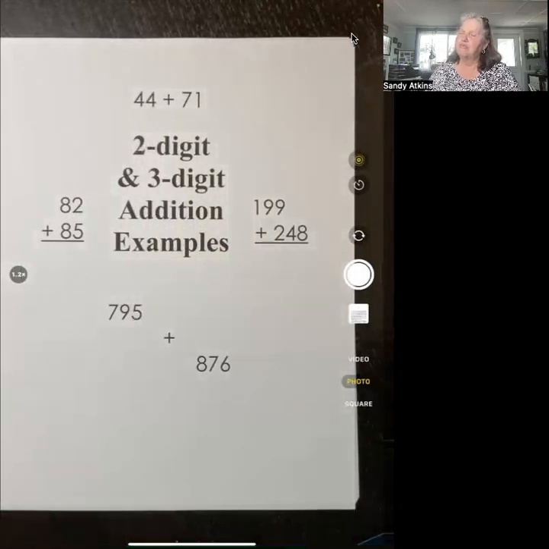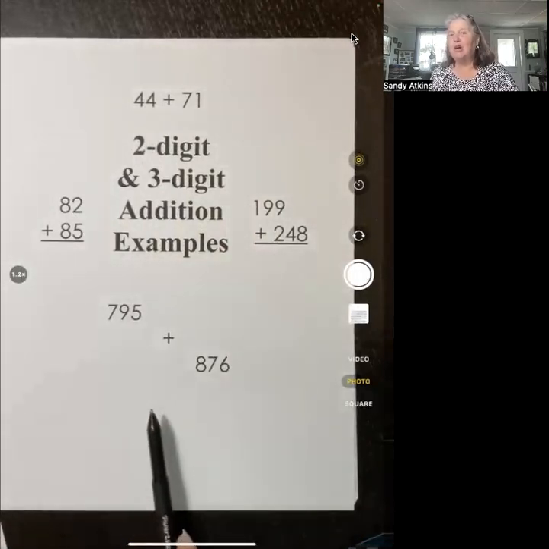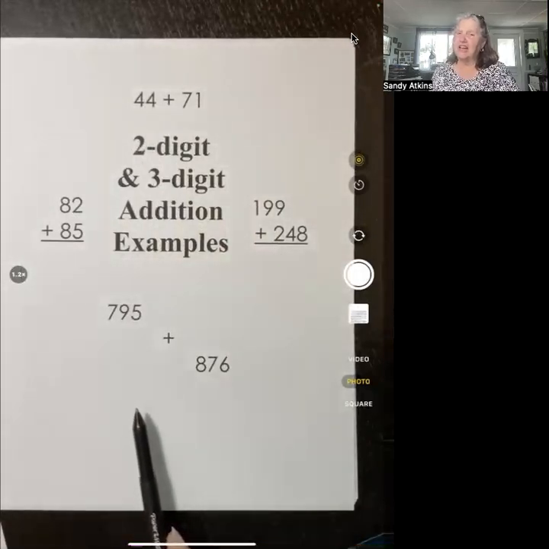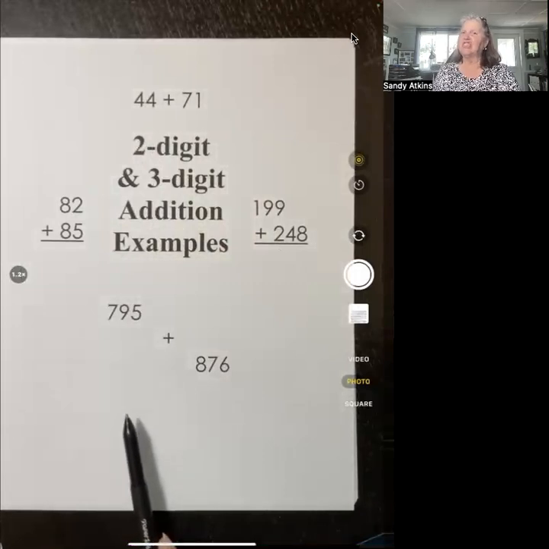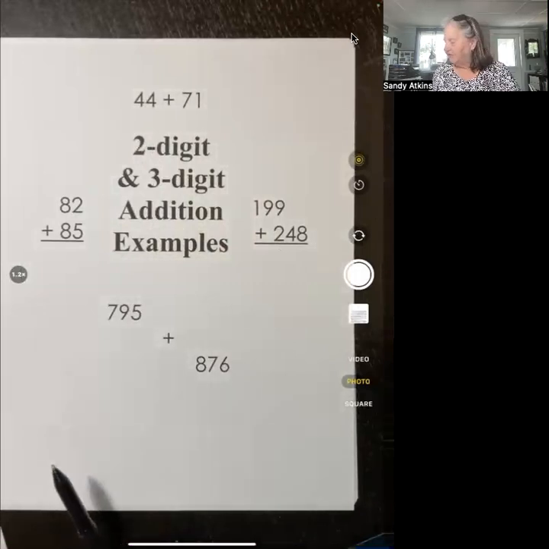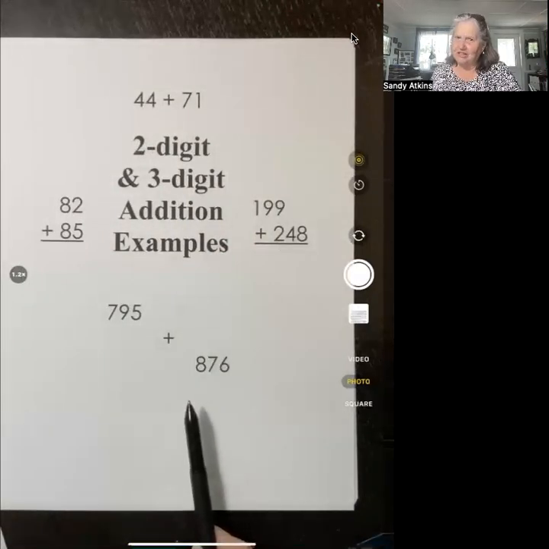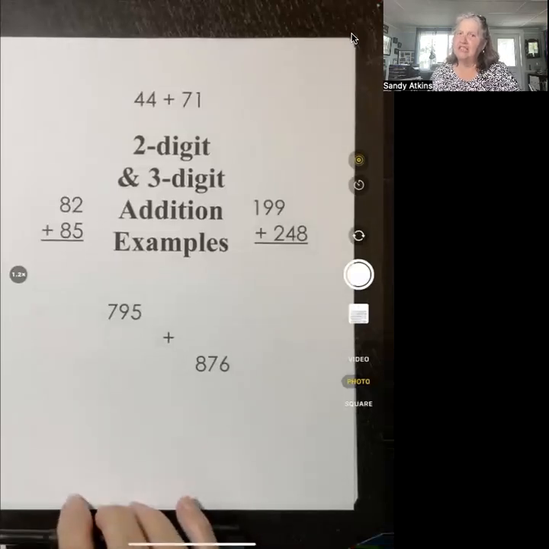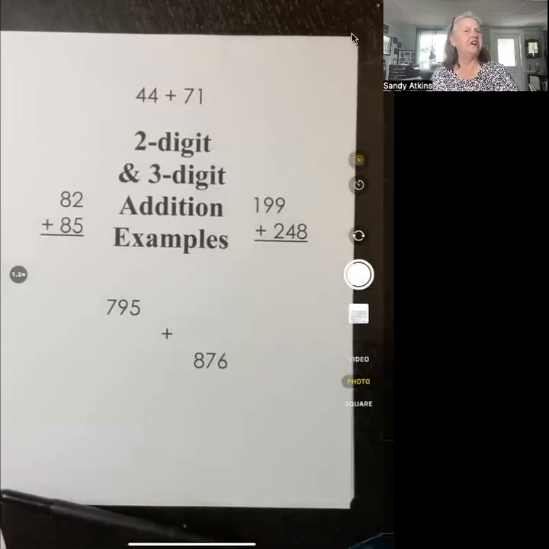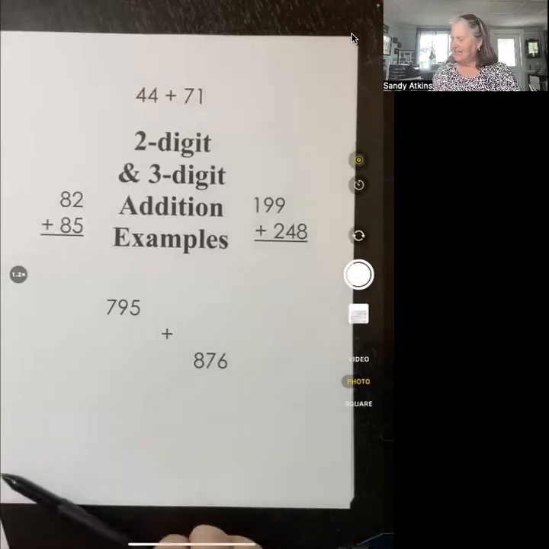But one of the things that's really important for your child to understand is alignment is not a requirement. It helps us use a standard algorithm. It helps us use those standard techniques we learned in an efficient way, but it's not mathematically required. What is important for your child to understand is that like units have to be combined. It's like combining like terms as they move into algebra. So hundreds are combined with hundreds, tens are combined with tens, and ones are combined with ones. And if I understand it, it doesn't matter where I've written them on the page.